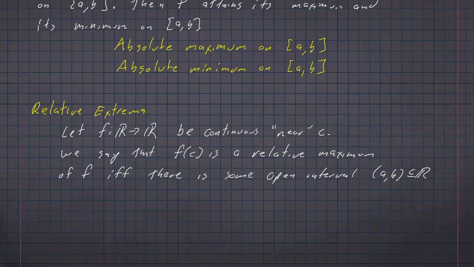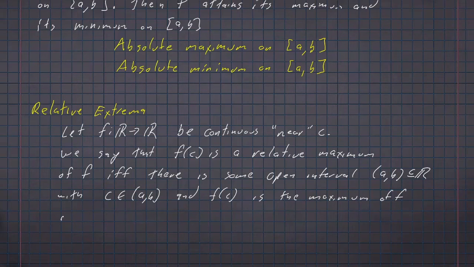We will say that f of c is a relative maximum of f if and only if there is some open interval ab in the real numbers with c in that open interval, and f of c is the max of f on that interval.